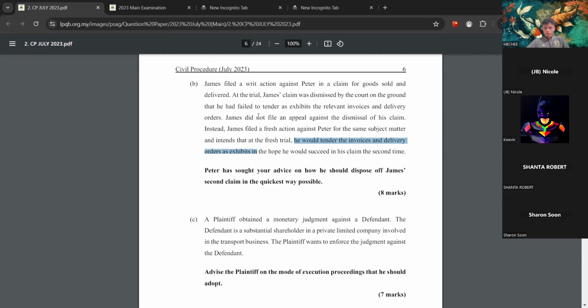Because the matter has been finalized and also dismissed by the court, this is a so-called res judicata. The matter has been adjudicated. So if you are filing a fresh claim on the same matter, this will be caught by the rules of res judicata, and your cause of action is not sustainable. This is given in the case of Sim Kie Chun.